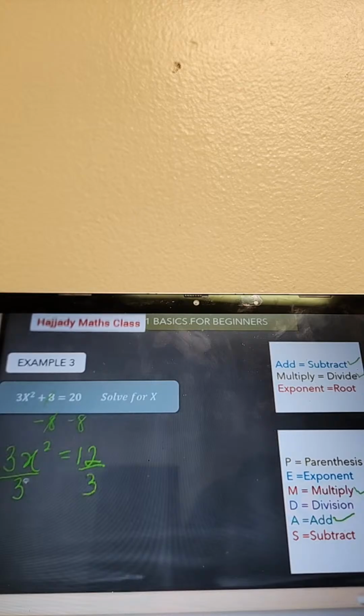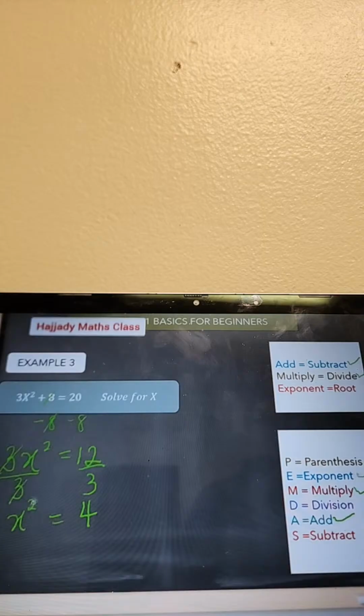Here we have 3 cancel out 3, x squared equals 12 divided by 3 gives 4. Now, going up, do we have an exponent? Yes. The exponent here is the 2. So if you have an exponent, what do you introduce? You introduce the roots. That is, you square root both sides.